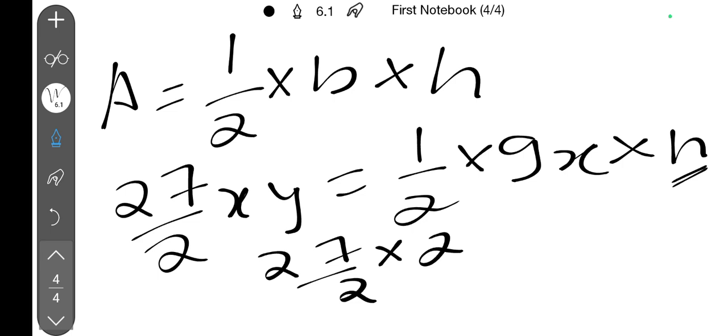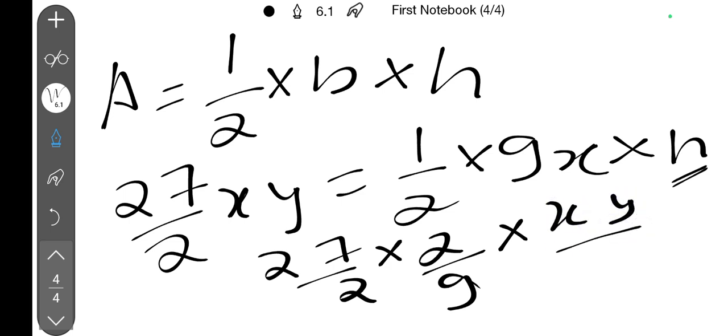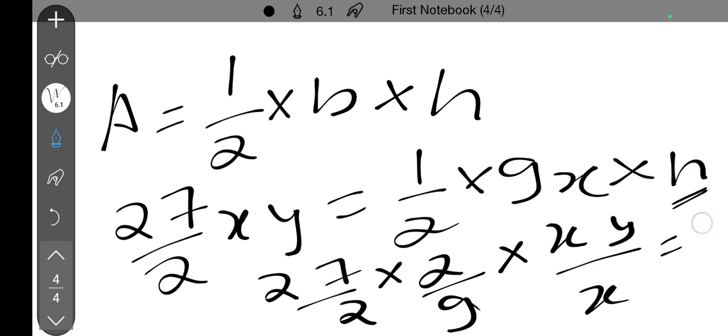Since this is in division form, it changes into multiply form, and this is in multiply form, so it converts into division form, so xy by x, that is equal to h.